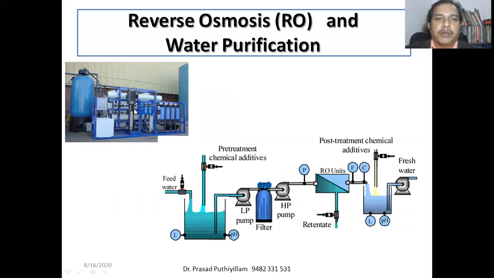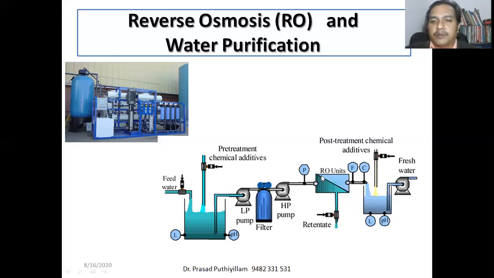You might have seen a reverse osmosis plant like this, which consists of a tank where the salt water is taken, which is treated with some chemical. Then it is pumped through a filter so that the suspended impurities can be separated. Then a particular pressure is maintained that is higher than the osmotic pressure.